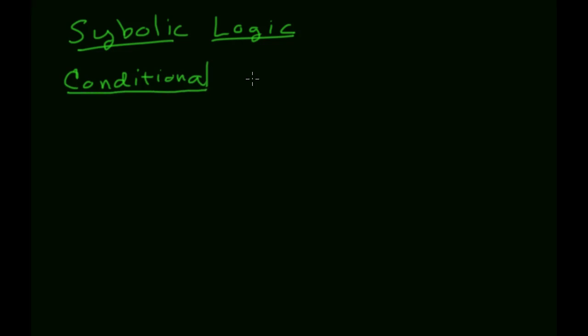It has if some p, then q. We're going to represent this symbolically as p arrow q. You can read that as p implies q, or if p then q. So that's our symbol for this.